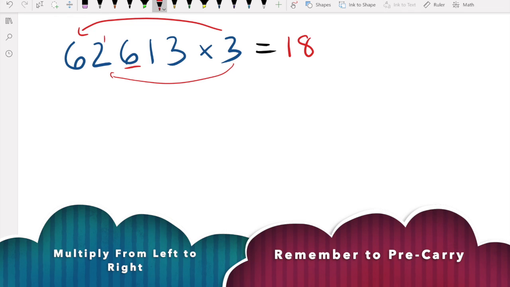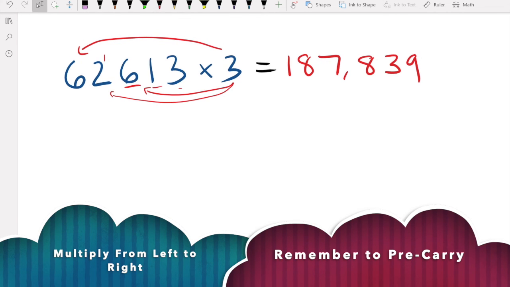So it's 187,000. And then 3 times 6 is 18. I already carried the 1. There's no more pre-carries. So it's 187,000. Then it's 839.